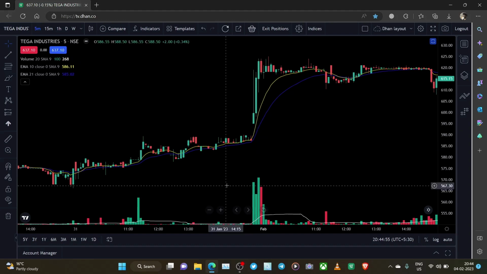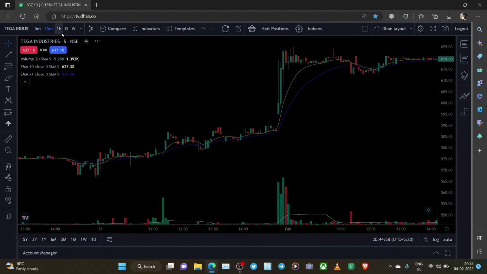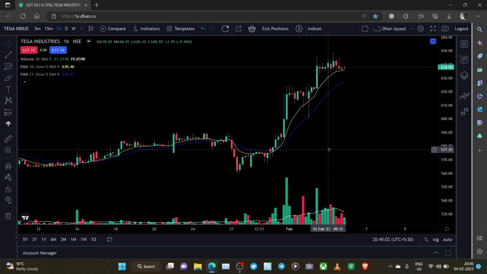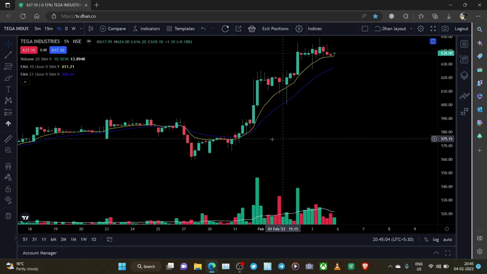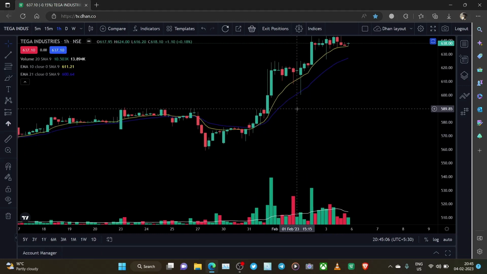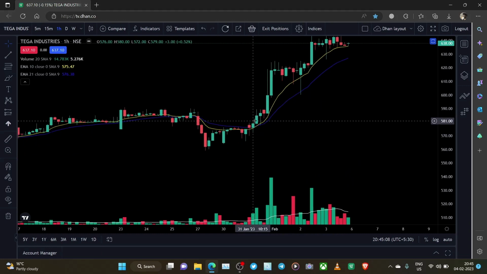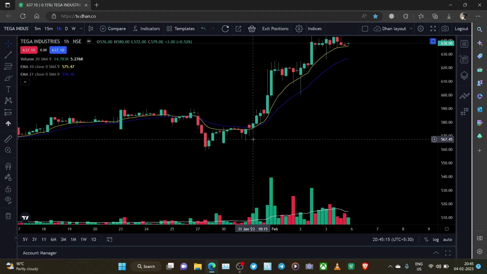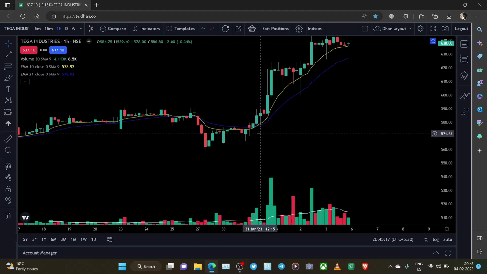So how I planned this, I went to the hourly frame. On the hourly frame, what I saw is good buying volume and healthy bullish candles with rejection on lower wicks.